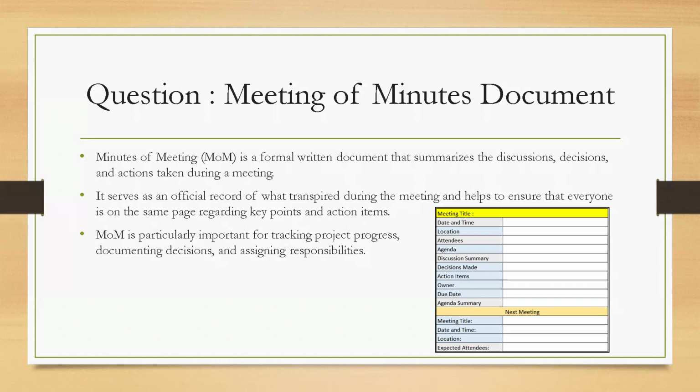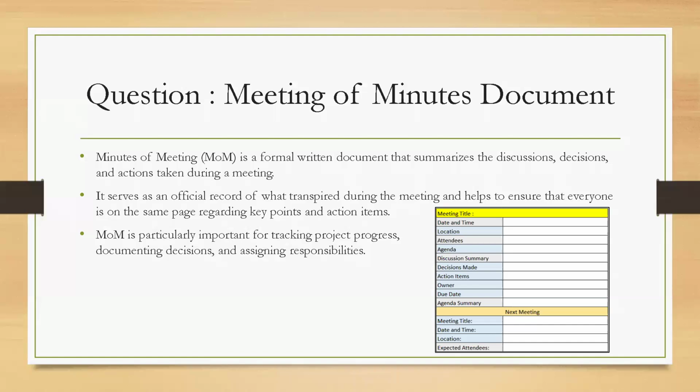It is an official record of the meeting, which helps ensure that everyone is on the same page regarding the key points and actions. Whatever we discussed, we will write formally, and we call it the minutes of meeting document. In short, we call it MOM.